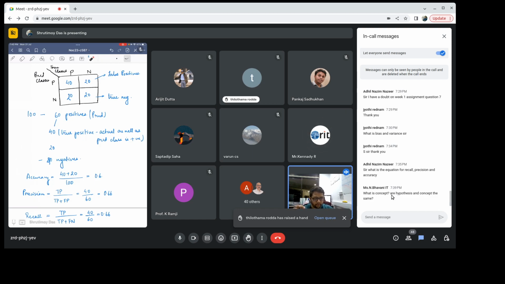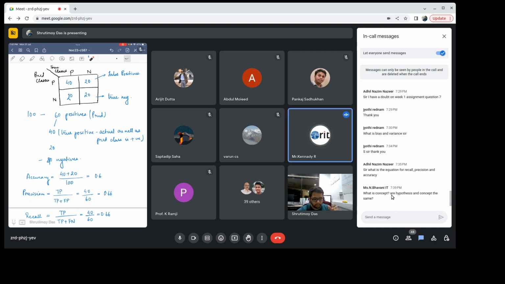So that is the concept. So the model will try to learn whether it is going to rain or not. The hypothesis is a function that is learned. So it will learn some function, say f, which will say whether it will rain or not. So based on the concept, some hypothesis is learned. Is it clear?